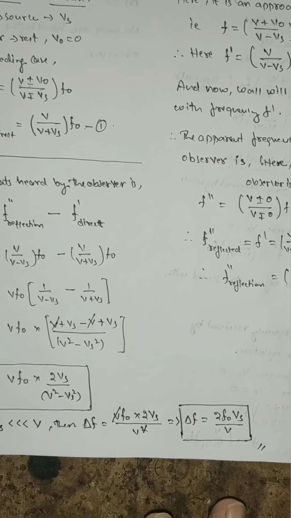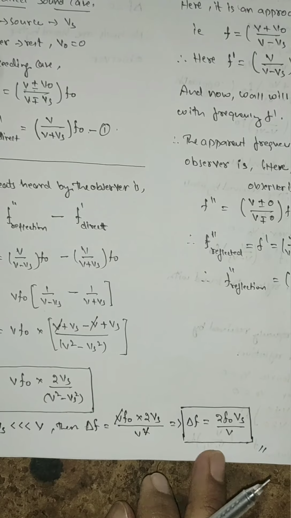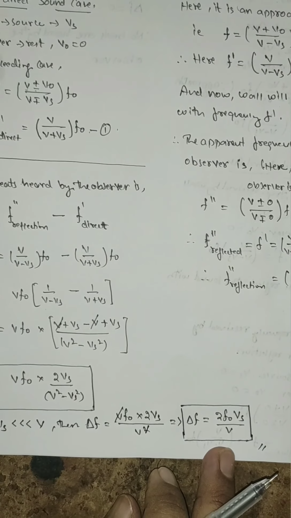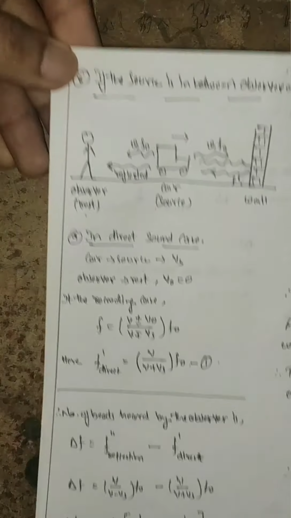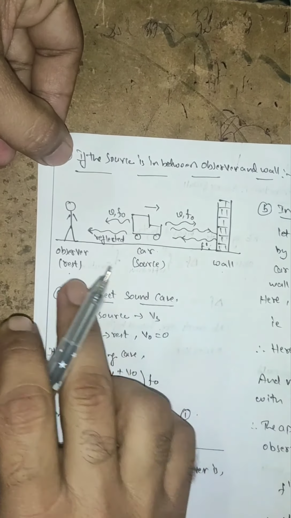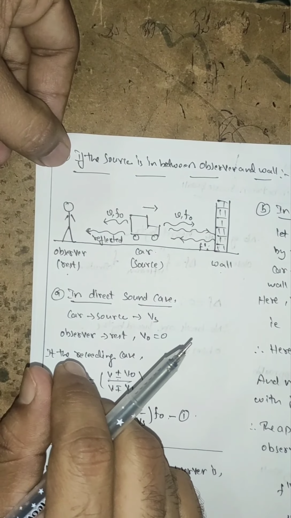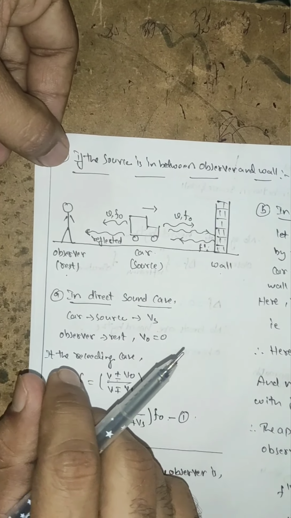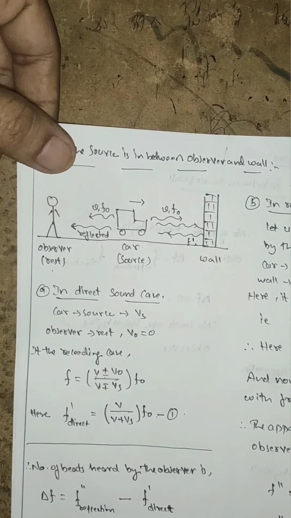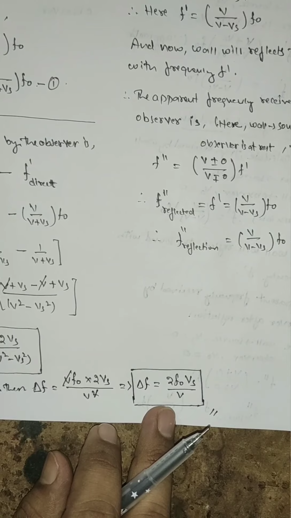Clear? So that is the number of beats heard by the observer. Here the source is in between the observer and the wall. Suppose the observer is in between the source and the wall, then the number of beats heard by the observer will be 0. But here it is not equal to 0.